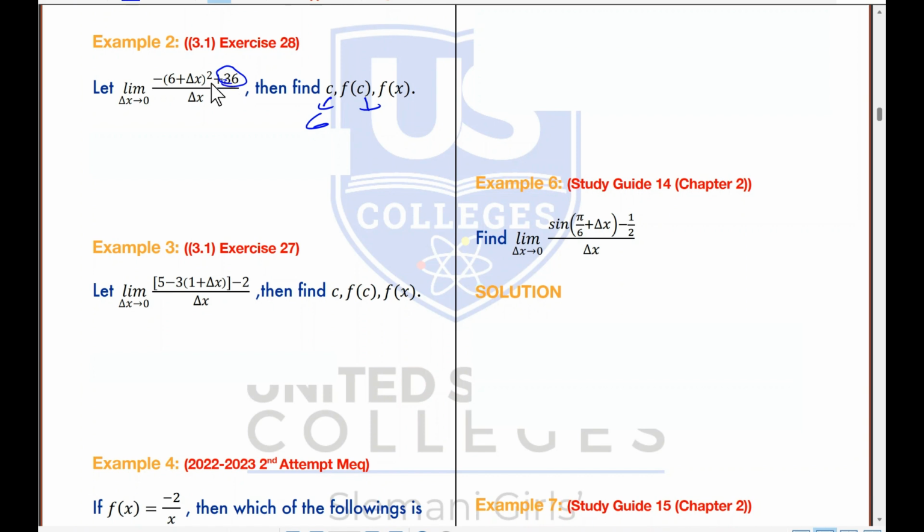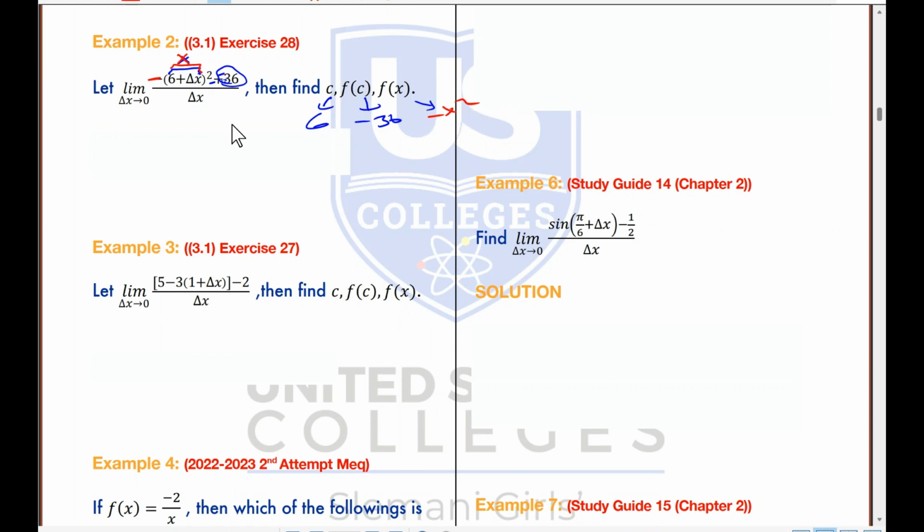When you consider there is minus here and the minus comes with the number here, it makes plus. So it is minus 36, not plus 36. And the function, when you consider number plus delta x as x, will be f of x, which is minus x squared.